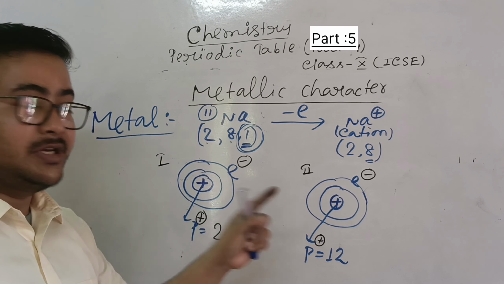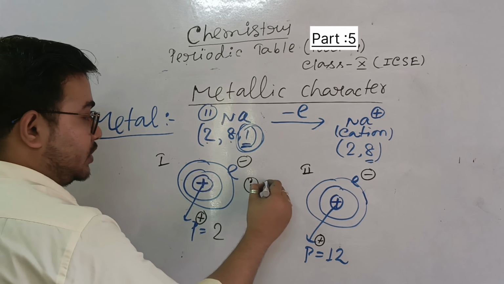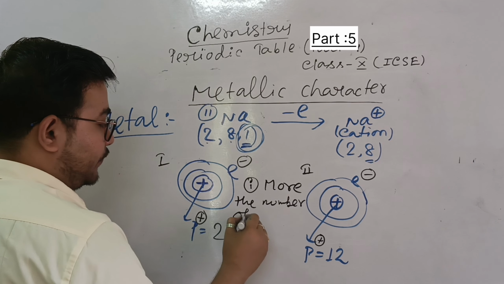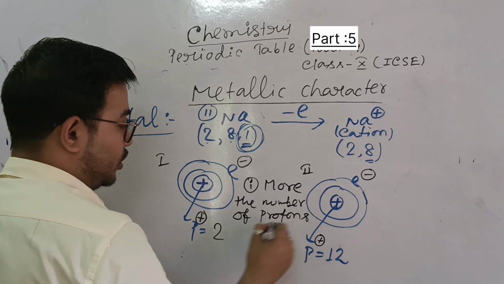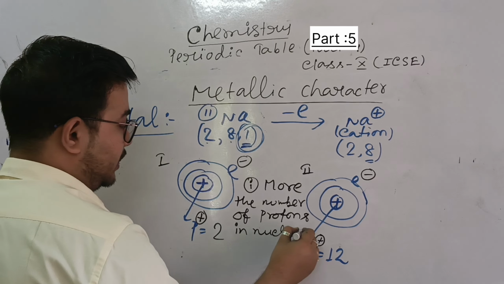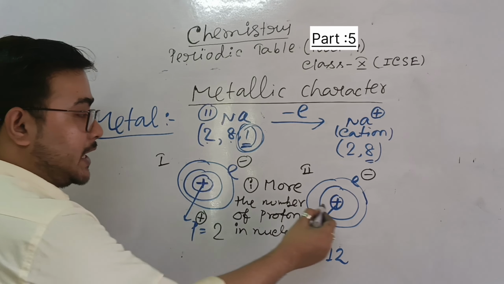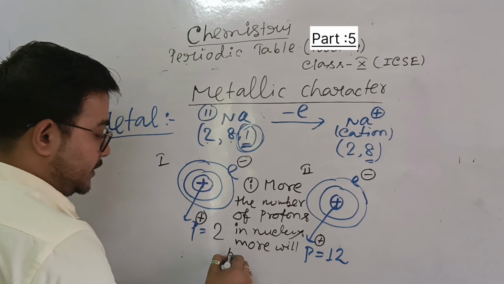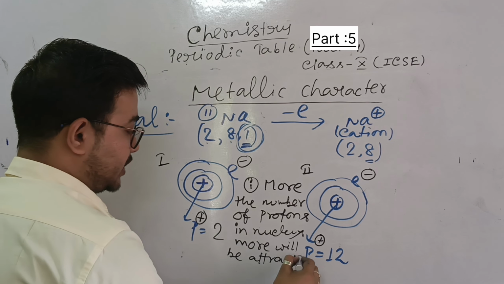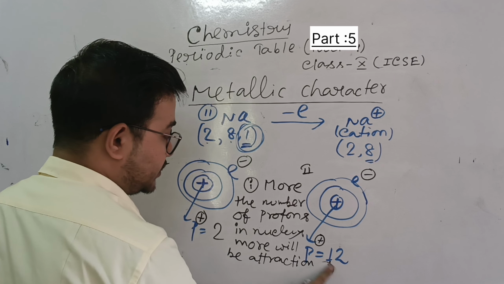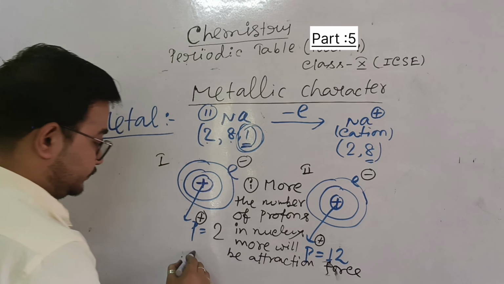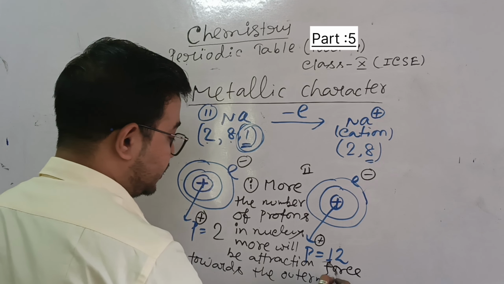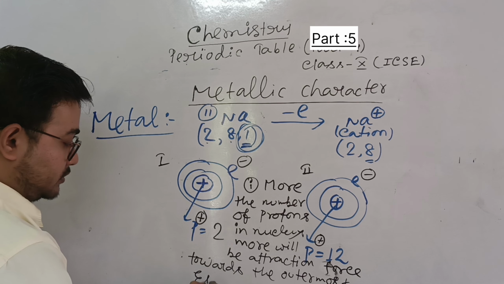So from this concept it is very clear that the more the number of protons in the nucleus, the more will be the attraction force towards the outermost electrons.